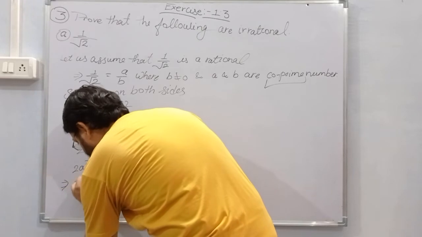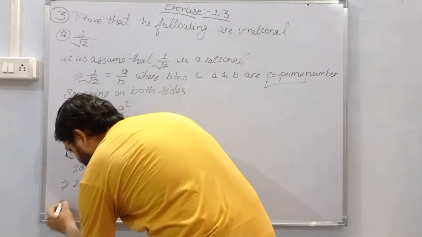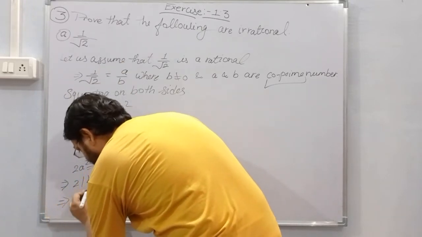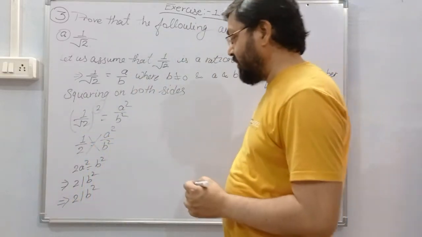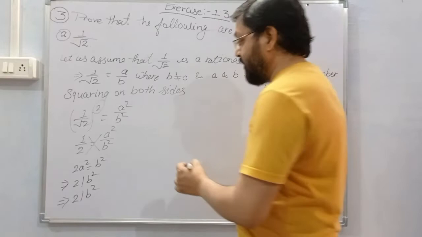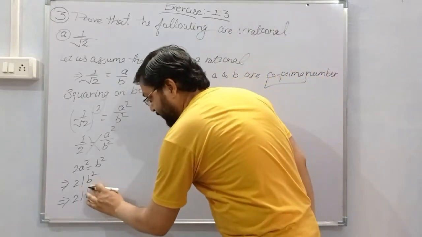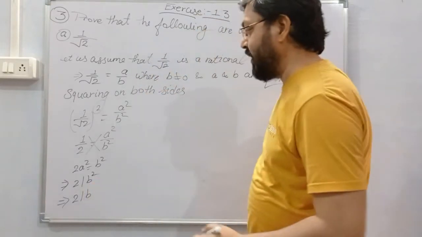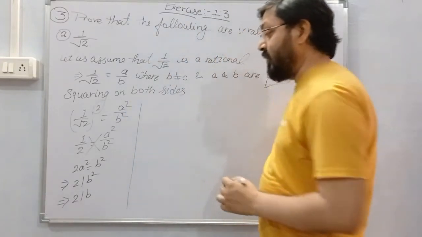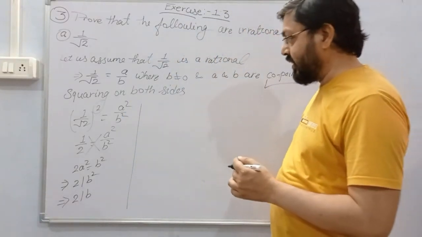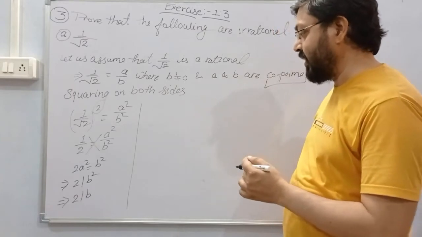Then from the fundamental theorem of arithmetic, if 2 divides b square, then 2 divides b.